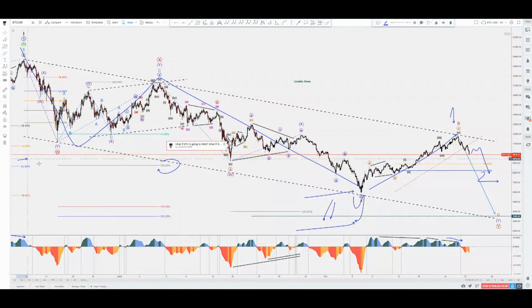We have these fibs, 61.8 and 100%. So 61.8 on the entire cycle wave 1, 100% of the WX. Again, just like I stated in the previous trading idea, 9,000 to be closely watched.